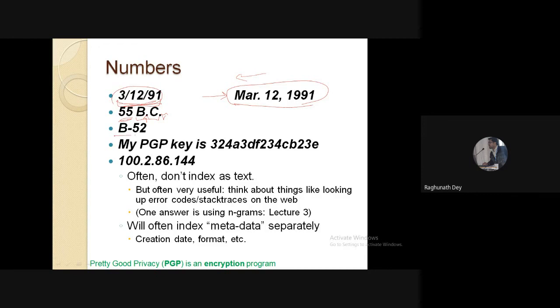Suppose a flight number is B-52. What is this B and what is this number 52? What is the hyphen? It's a plot where the location is B-52. Similarly, another code value is basically an encrypted code, a privacy code. You cannot say that 324 is a different thing, A is a different thing, 3 is a different thing, DF is a different thing, 234 is a different thing.